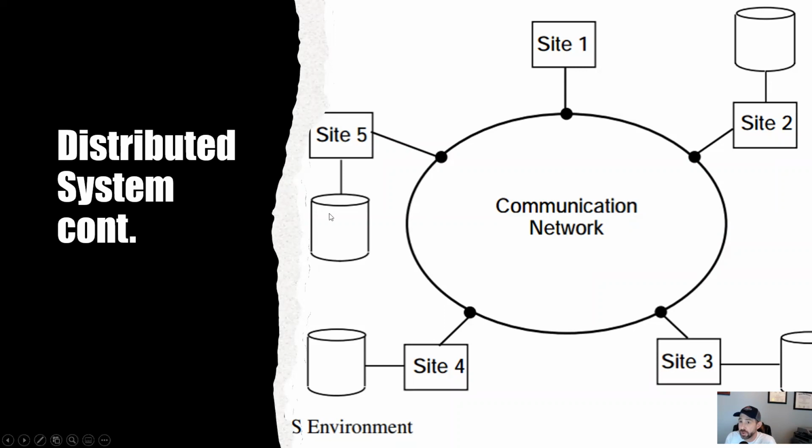We have all the different nodes out here, and they all have a central communication network. So that's an example of a distributed system. Okay, so now you understand what they mean when they talk about decentralized and distributed, and what that looks like. And I think that's important because a lot of this terminology is being thrown around out there, and a lot of people have an idea what it means but aren't sure. And now we've defined it.